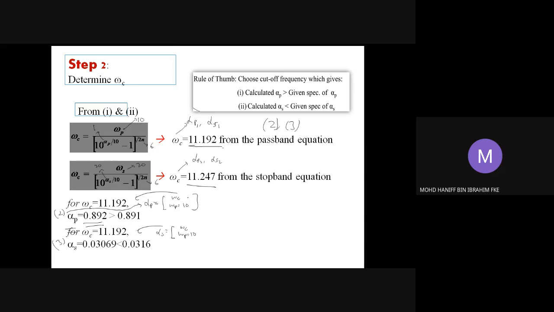And then for the second omega C, which is 11.247, again, by using equation number 3, you're going to get alpha S, which is 0.032, and by using equation number 2, you're going to get the alpha P of 0.8996.